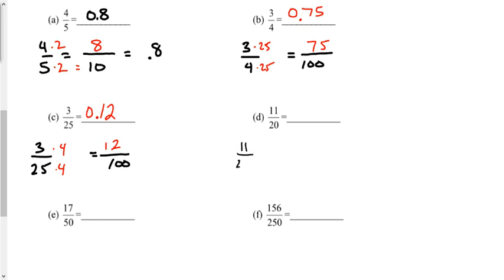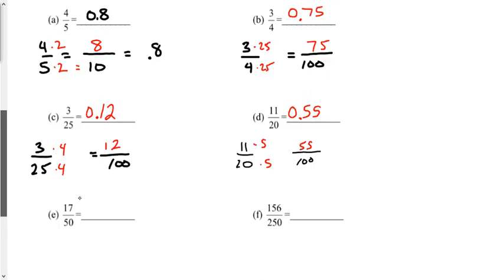All right. So 11/20ths, I can turn that into hundredths, and we'll do that by multiplying by 5 on bottom and 5 on top. So that's going to turn into 55 hundredths, or 0.55. Okay.